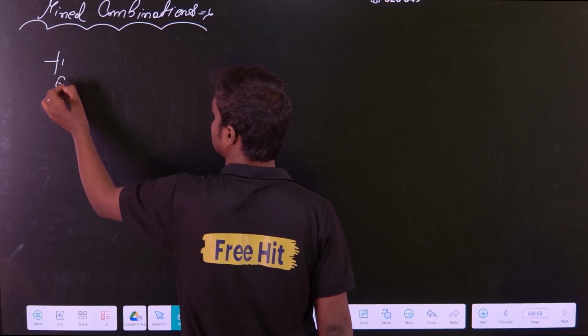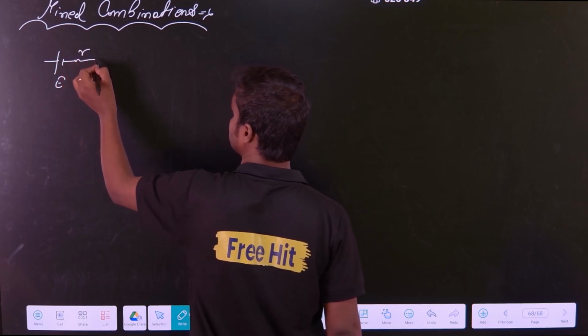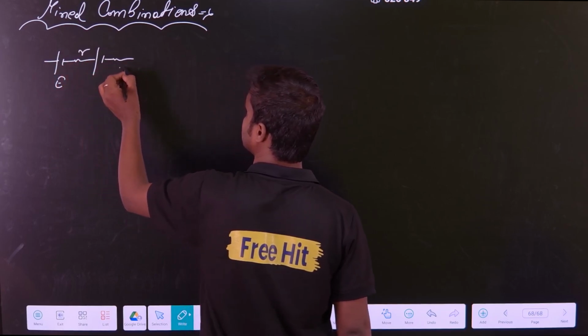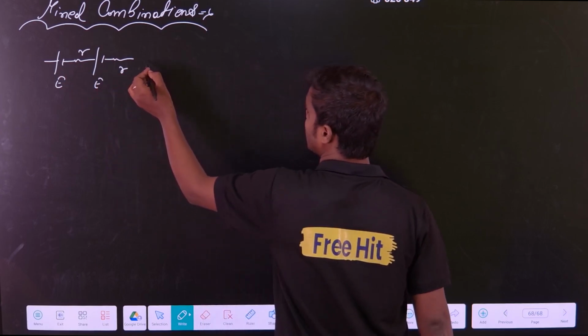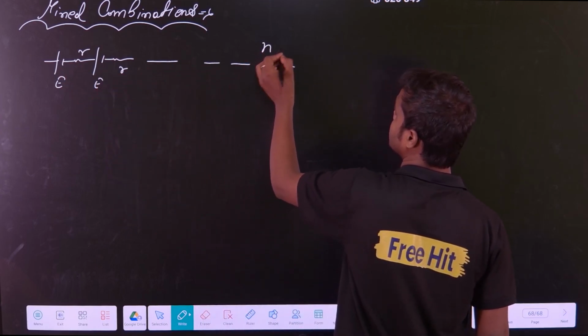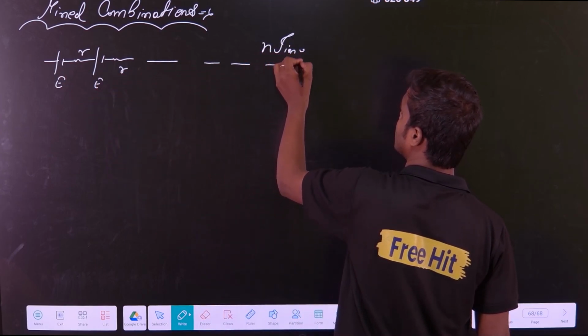there is an EMF E, resistance R, EMF E, resistance R, and this is connected n times to each other.